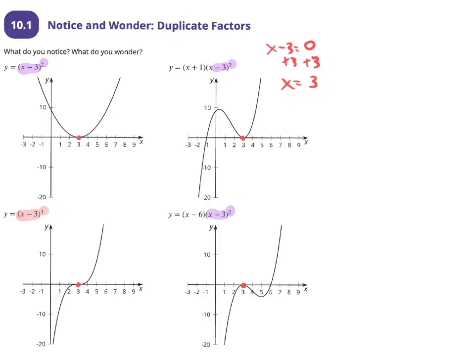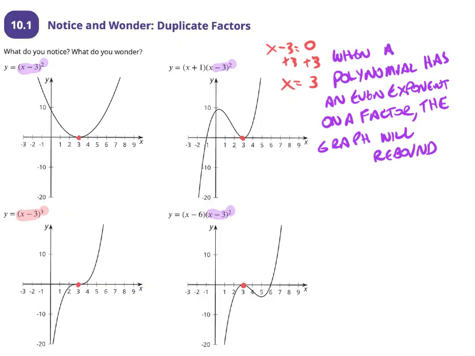For graph 3, you see the graph kind of worm its way through the intercept. It goes up, then it turns almost sideways, and then it goes back up again. So look for the note that will be written for each one, and then I'll come back and explain it. When a polynomial has an even exponent on a factor, the graph will rebound.